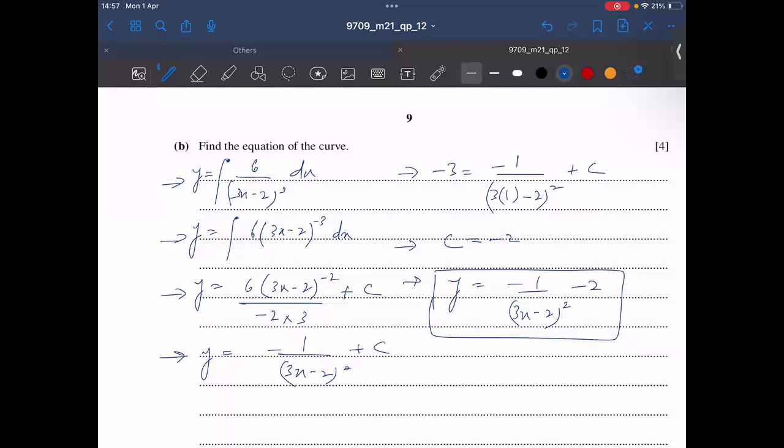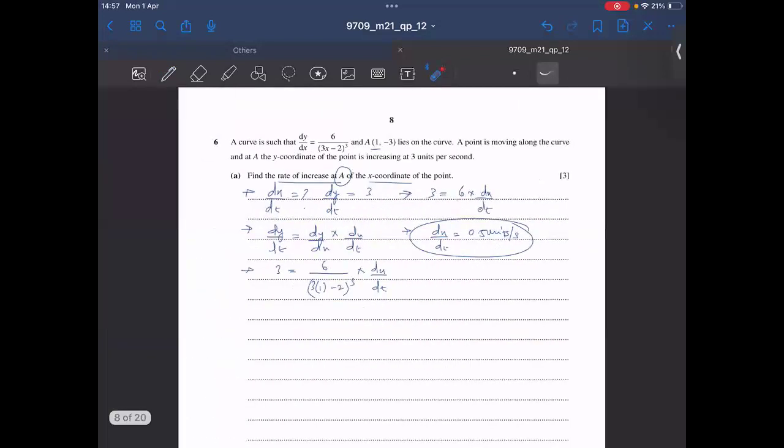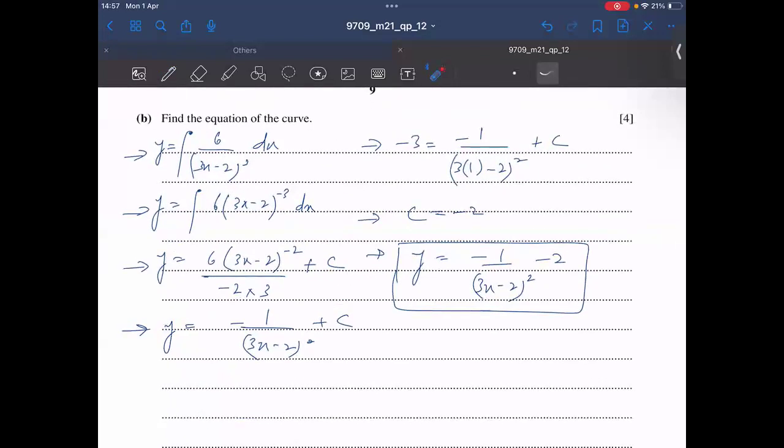Sir, c will not be minus 3? No, because this is going to be 1. I think I have just put it correctly. So this is going to be 1. 1 square is 1. Minus 1 over 1 is minus 1. Minus 1 is going to move on the other side. Minus 3 plus 1 is going to be minus 2. All right. Okay, sir.